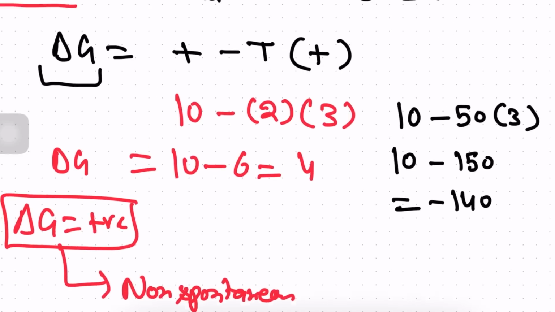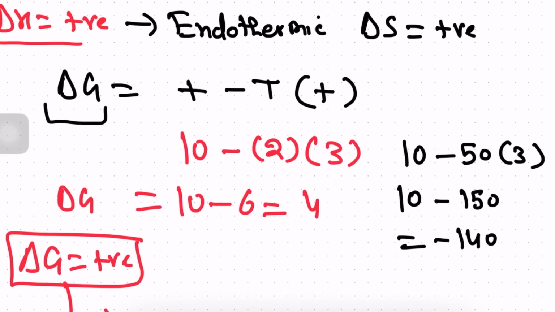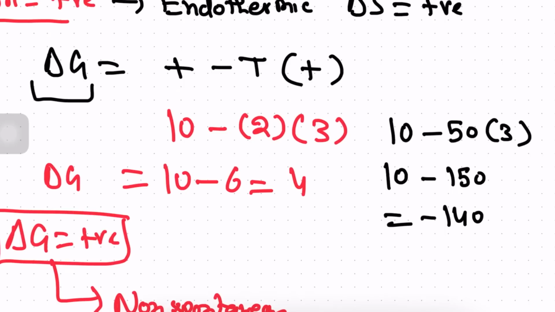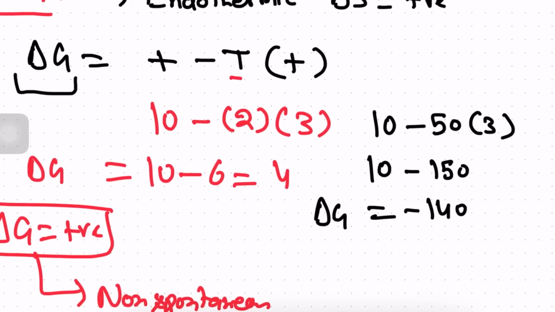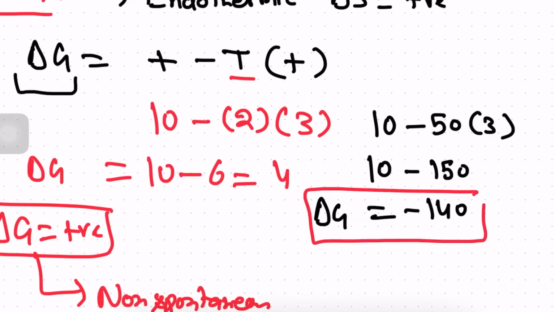So if you solve, delta G is negative. The same reaction which was earlier non-spontaneous can be spontaneous when you have increased the temperature. Just by changing the temperature, this reaction has now become spontaneous. So these parameters tell you how you can proceed with any reaction in the forward direction. Hopefully you are getting my point.